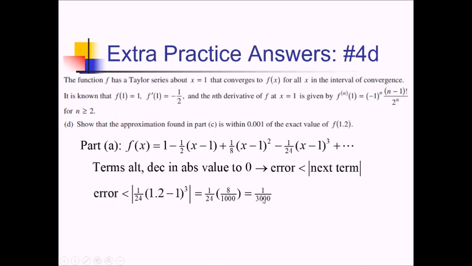Now, 1 over 3,000 has a larger denominator than 1 over 1,000. So therefore, it is a smaller fraction than 1 over 1,000. So this is smaller than that error bound they wanted of 0.001, which is just another way of saying 1 over 1,000. So here we've proven what we set out to prove. We've got our approximation within 0.001 of the exact value, so we are done.